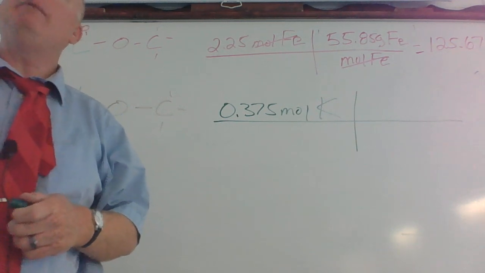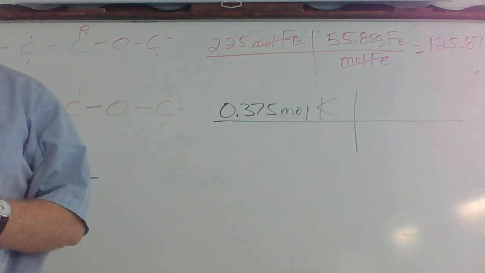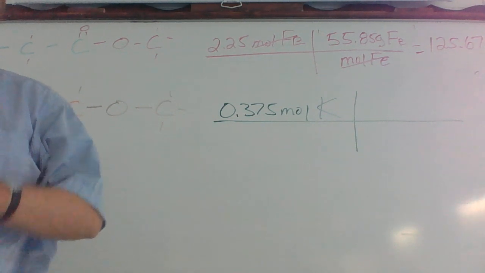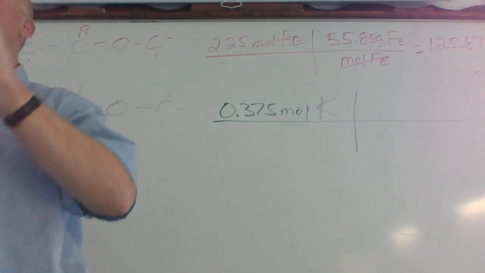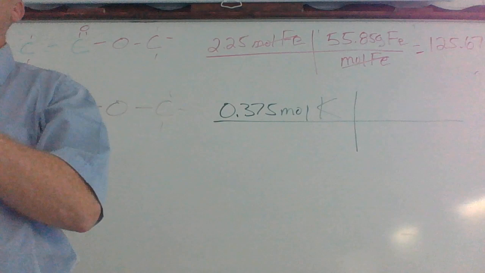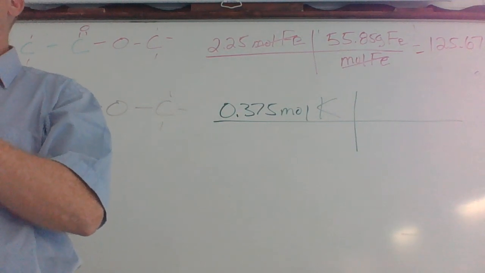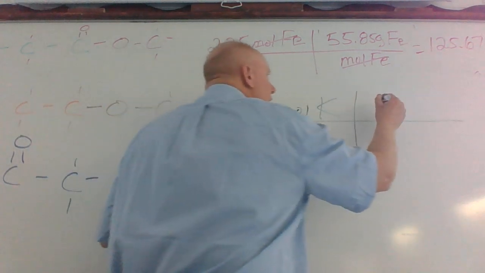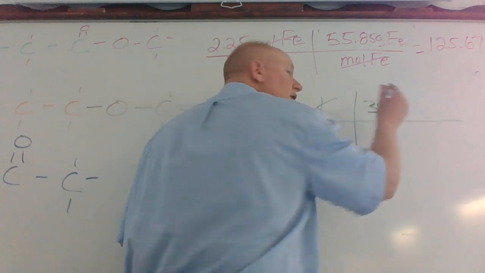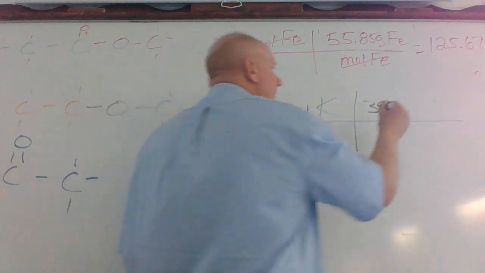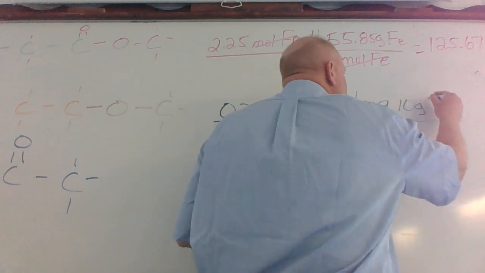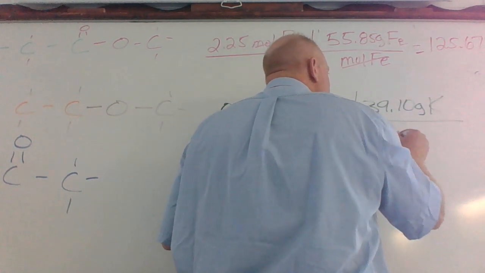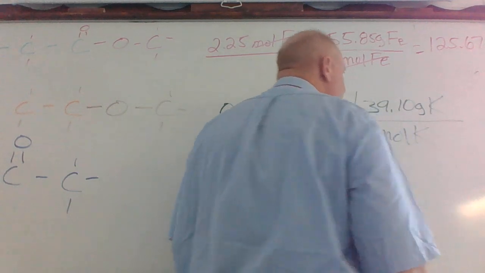You're exactly right, but why are you right? Again, we're not pulling these numbers out of the air. It's the atomic mass of potassium. So you correctly said 39.10 grams of potassium. That gives you an entire mole of potassium.